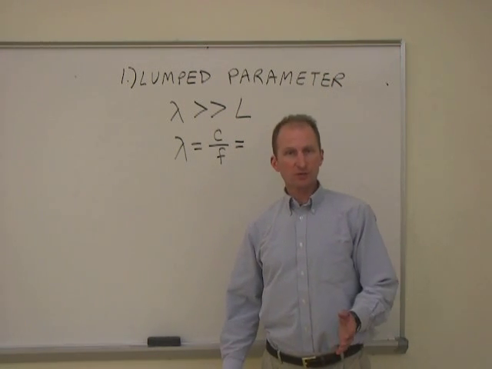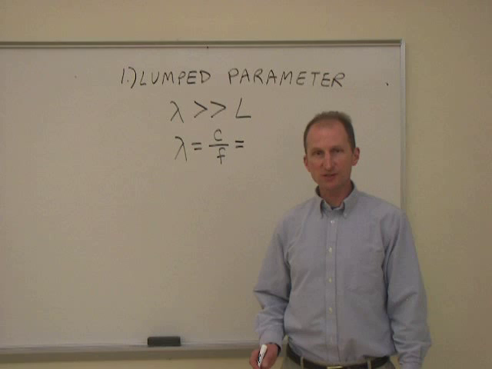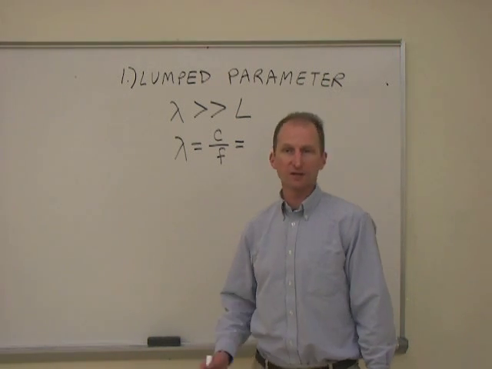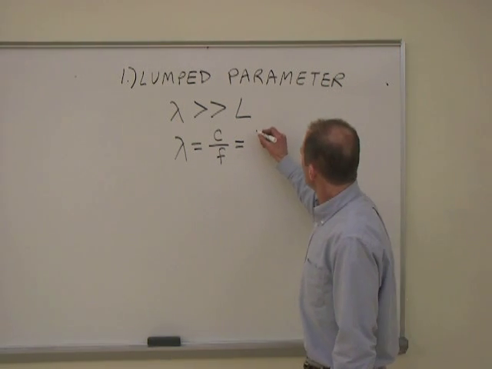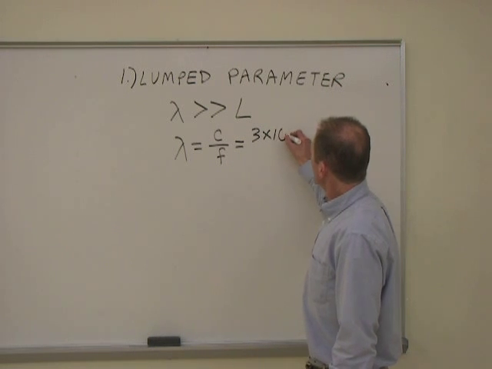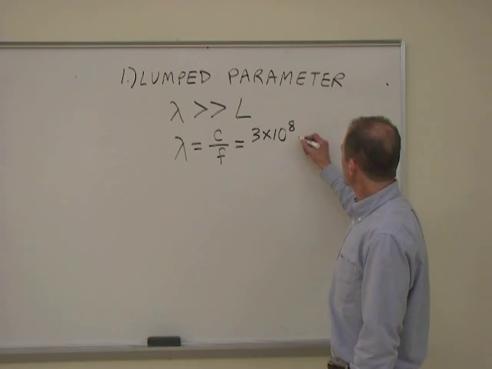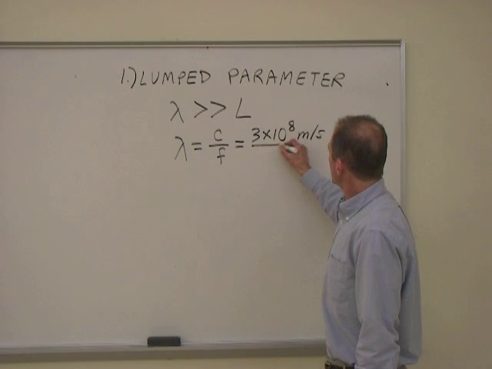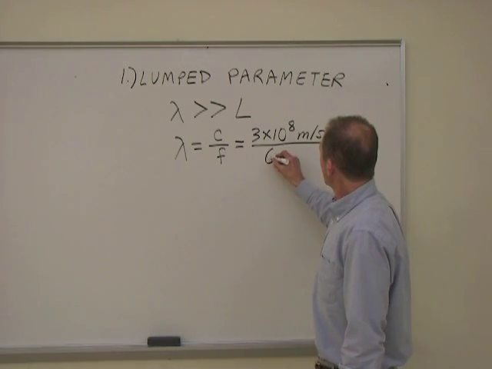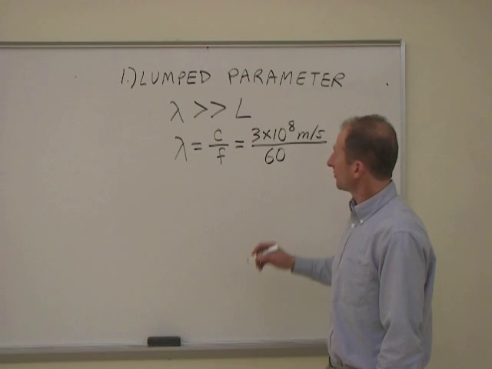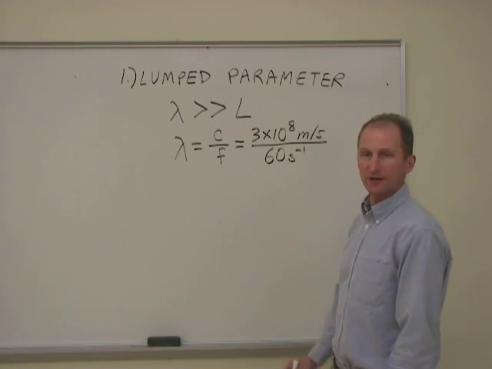For example, we consider a power system operating at 60 hertz or 60 cycles per second. The wavelength is the speed of light, 3 times 10 to the 8 meters per second, divided by the frequency, 60 cycles per second, or just 60 per second.